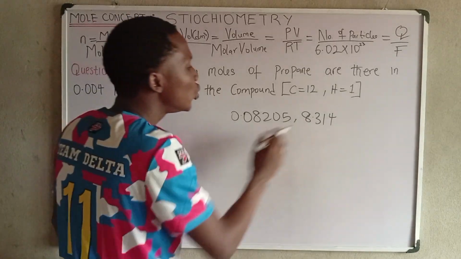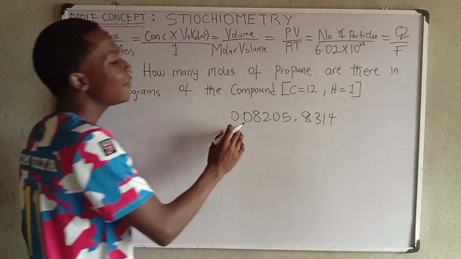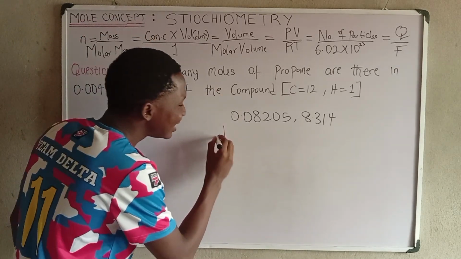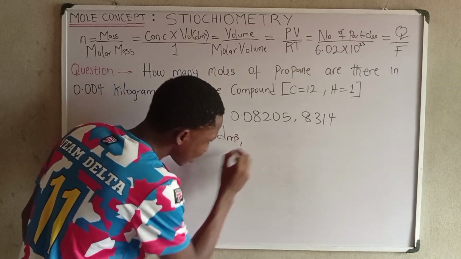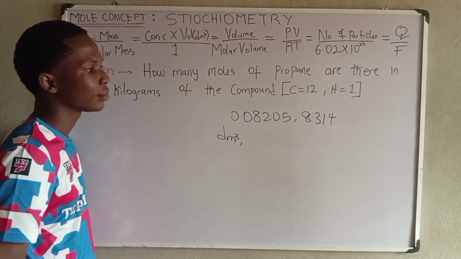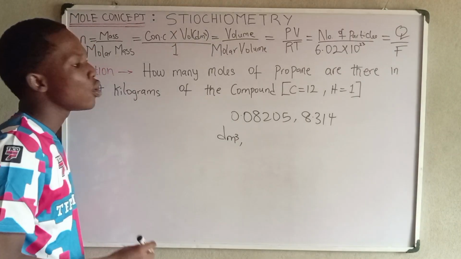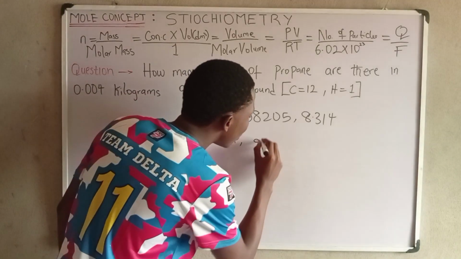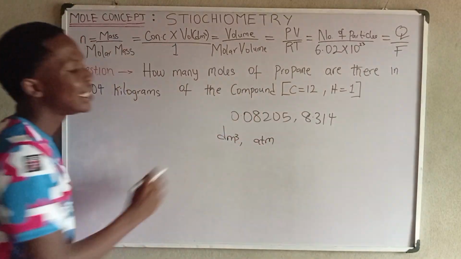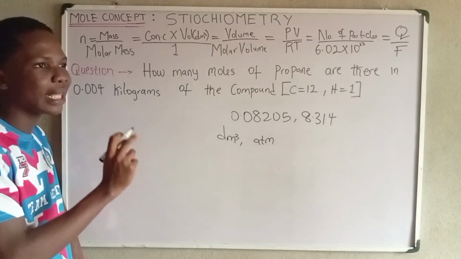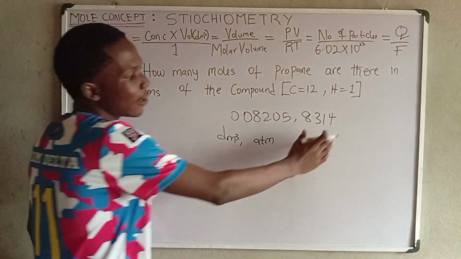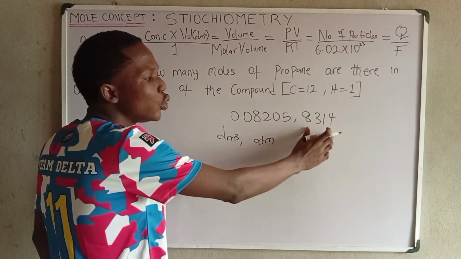Now, when and when should we use these values? The first value can be used when your volume is in dm cube. Don't forget, your volume is in dm cube, and your pressure is in atmosphere, in short ATM. Don't forget this. Now for the second value, when are we to use it?